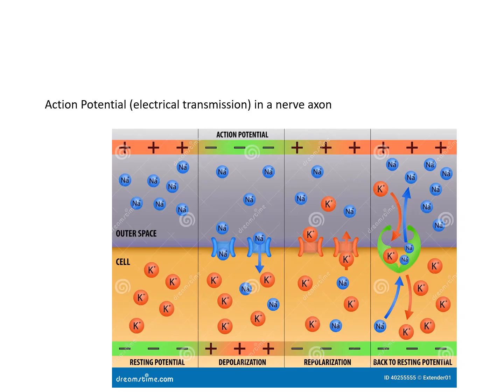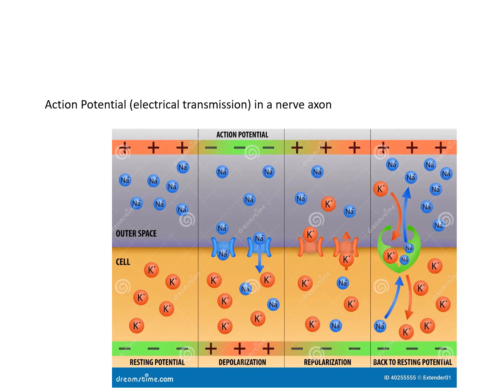And for every 3 sodiums that we move back to the outside environment, we move 2 potassiums to the inside environment until we can quickly get it back to the pre-depolarization state. So this is kind of an intermediate state. This is what's going to get us back to this state where we're ready to depolarize again and send another signal.